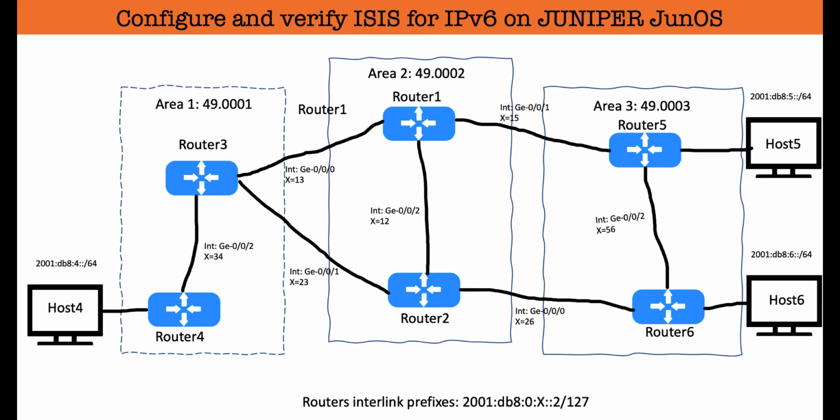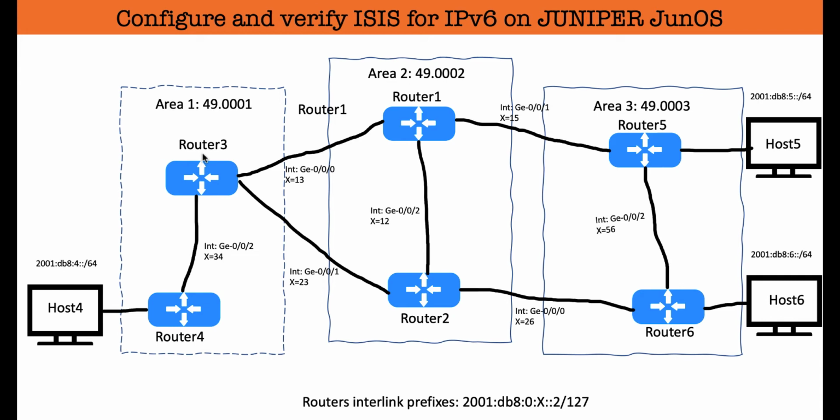As you might know already, in ISIS, routers can build adjacency only with other routers of the same routing level. So router 4 and router 3 would be able to build adjacency because we will configure them as level 1 routers.